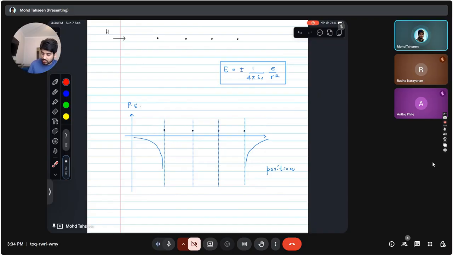Now an electron which is coming in from infinity would experience this kind of potential energy. It would become negative as it gets closer to the positive core. But in between, what happens in between, right?